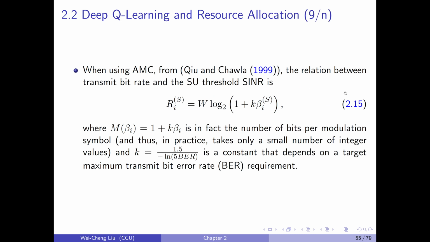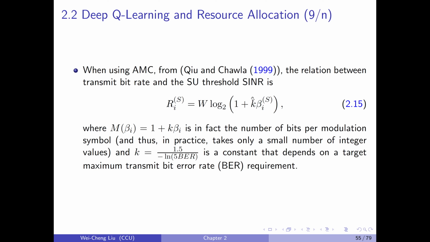In equation 2.15, when using AMC, that is adaptive modulation and coding, from Chu and Tralla, 1999, the relation between transmit bit rate and the secondary user threshold SINR is R_IS, the transmit bit rate, is equal to W, which is the channel bandwidth, times log 2 of 1 plus K times beta_IS, where beta_IS is the secondary user threshold SINR.